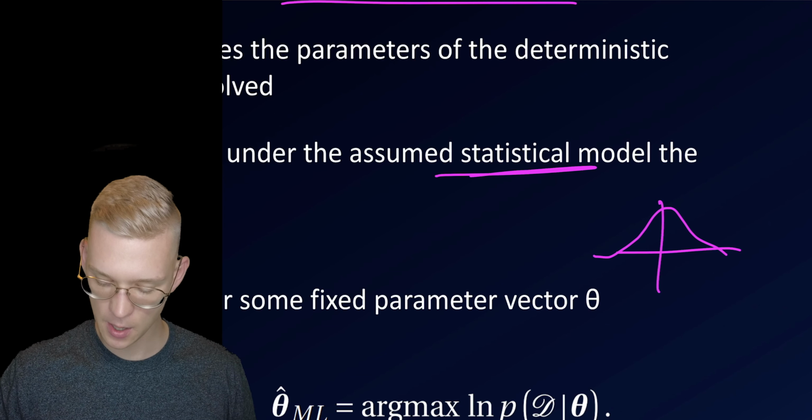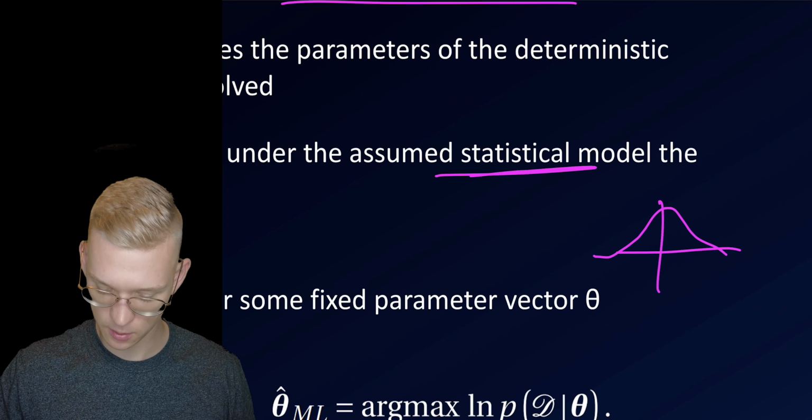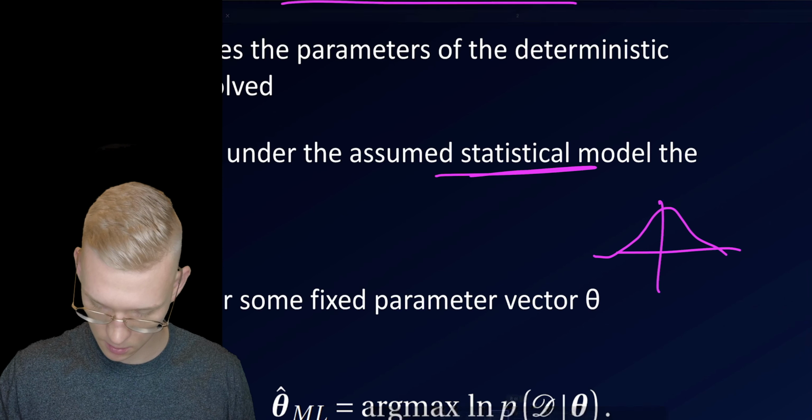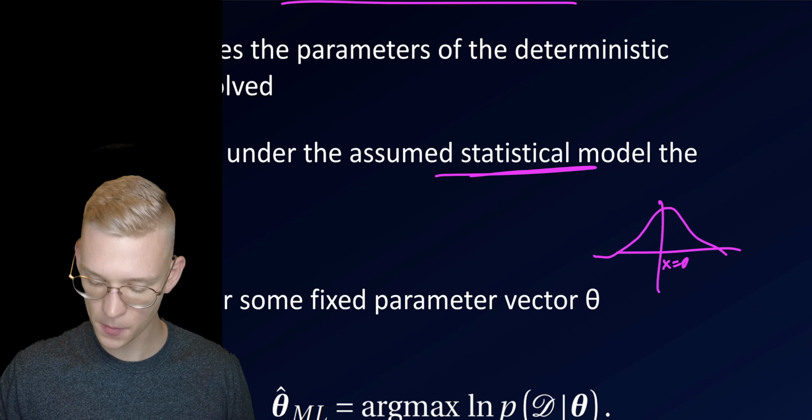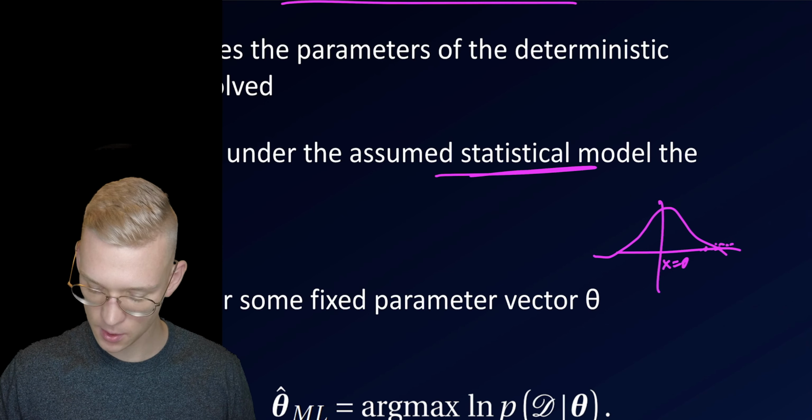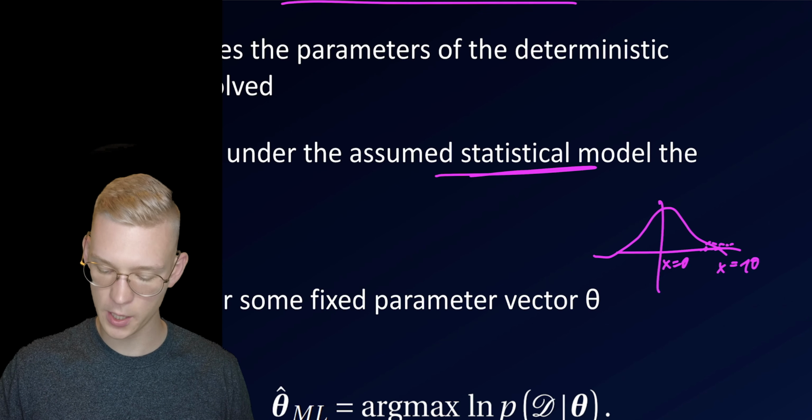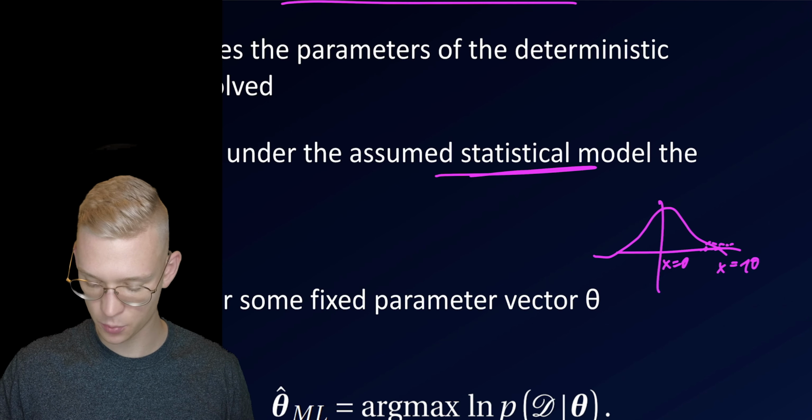So if we talk, for example, about a normal distribution, where we define the mean at 0, so this is at x equal to 0, but our data is at x equal to 10. If we now get the probabilities of this data, we see that this mean is not very probable.